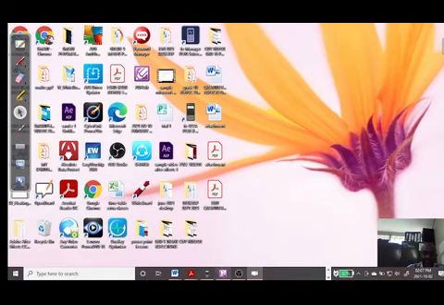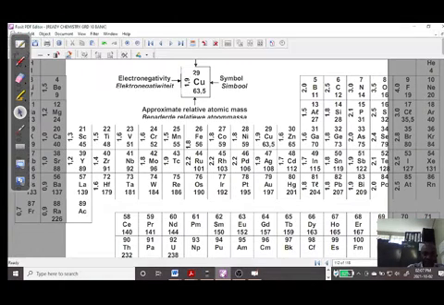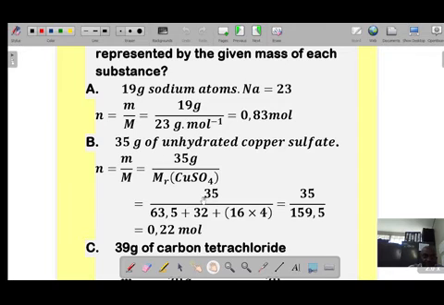Let's check it out anyway. Copper, where are you? Copper is here, 63.5. What about sulfur? Sulfur is here, it is 32. Okay. What about oxygen? It is 16. So copper 2 sulfate, we're going to compute it by using these values here. With the copper, it is 63.5. What about sulfur? It is 32. What about oxygen? It is 16 times 4. So if we simplify this one here, it gives us what?